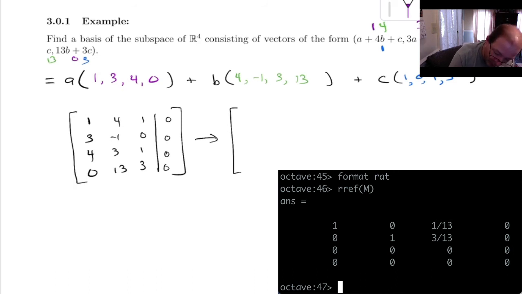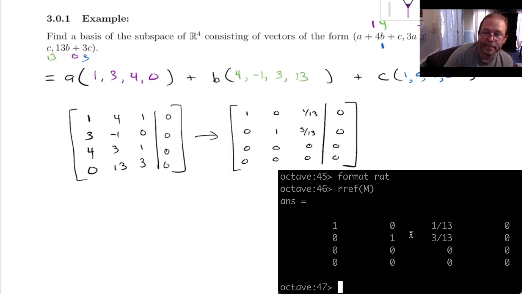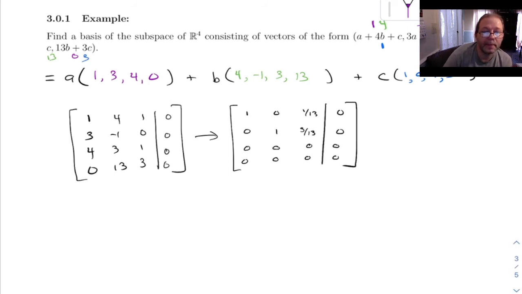So we get 1, 0, 1/13, 0, then 0, 1, 3/13, 0, and then two rows of nothing but zeros.